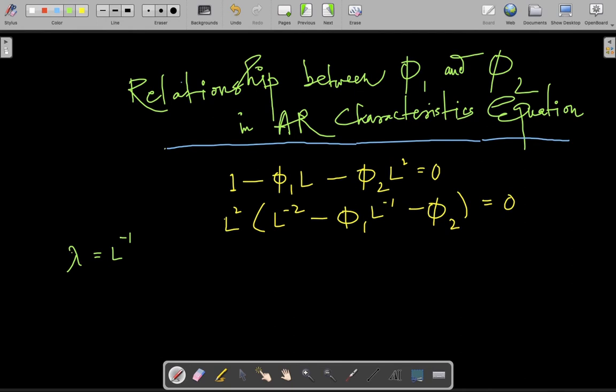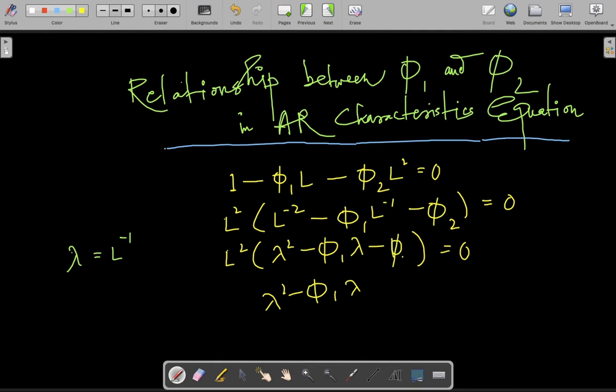So this equation would look like lambda square minus phi 1 lambda minus 1, equal to 0. Sorry, here I had to write phi 2. So like in the previous case, we can write lambda square minus phi 1 lambda minus phi 2 is equal to 0.